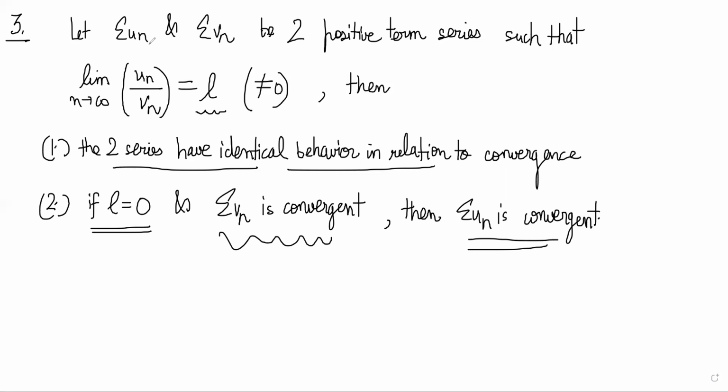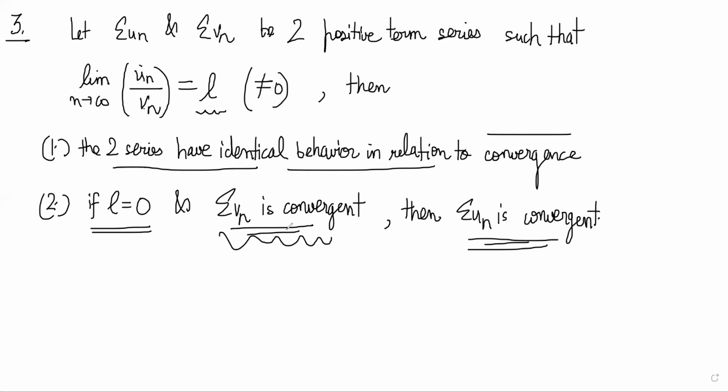L is 0 basically means that Un is small compared to Vn. When will this limit tend to 0? When Un is much smaller than Vn. If the Vn part was convergent, then the Un part is convergent because it is smaller than Vn. If it's a finite non-zero limit, then obviously both will converge or both will diverge.